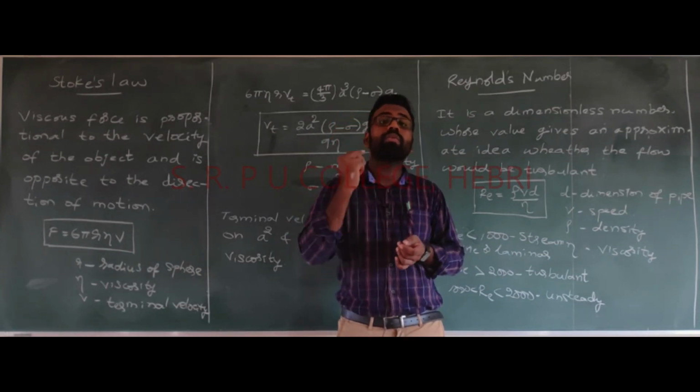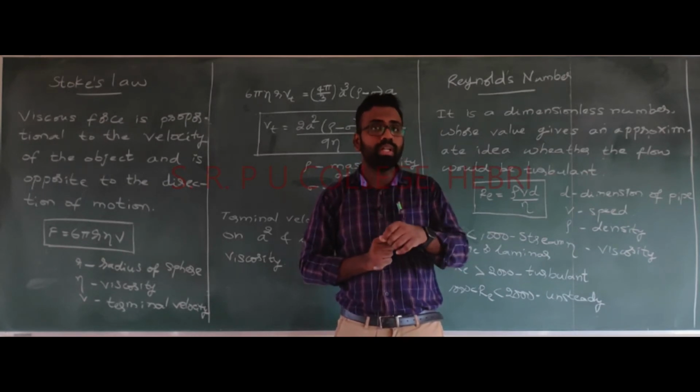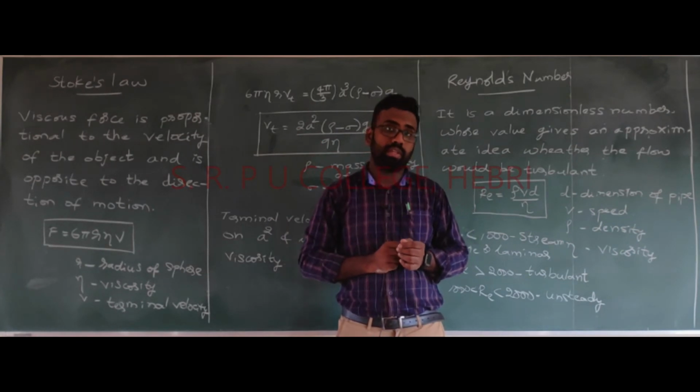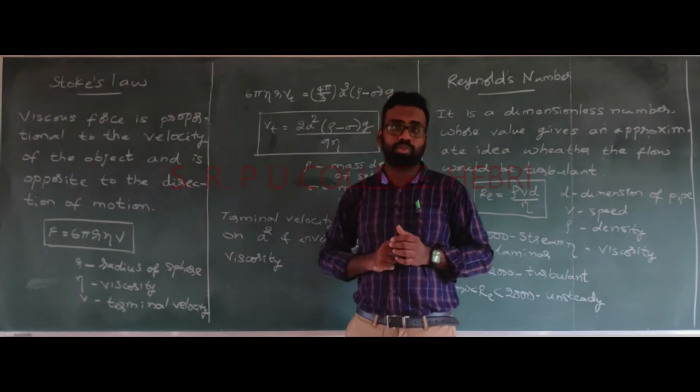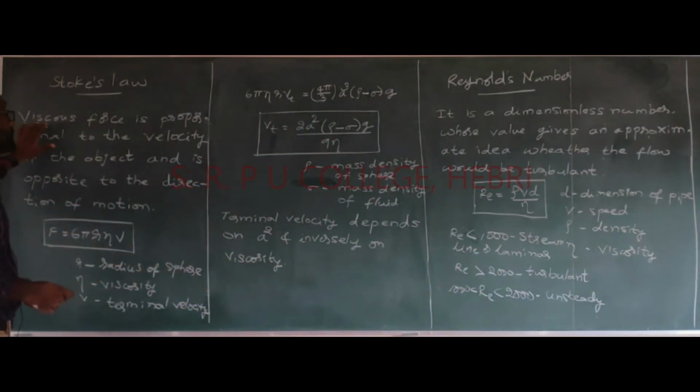It is not going to accelerate. If you have heard about it, it is due to the concept of viscosity. That is explained by Stokes' law. We will see the statement: viscous force is proportional to the velocity of the object and it is opposite to the direction of motion.